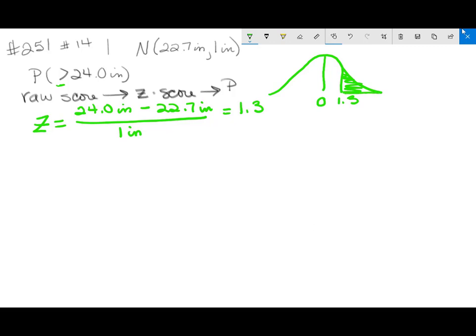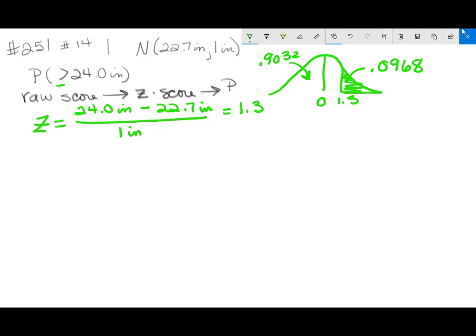I'm going to go to the table simply because I have it handy here. When I have 1.3, the probability to the left is 0.9032. The probability to the right is going to be 0.0968.